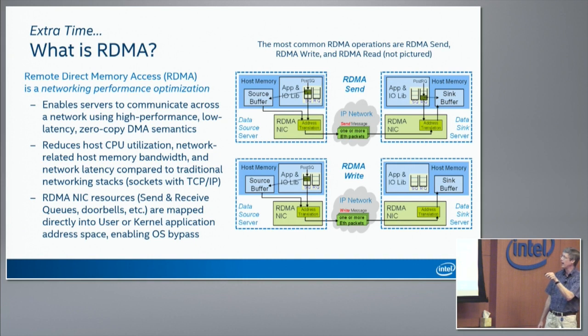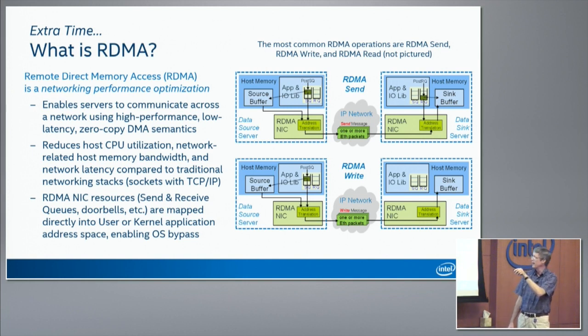You do that by starting here with this application, posting a command on a send queue. It defines its message in this source buffer, and these commands can be issued in virtual address space.